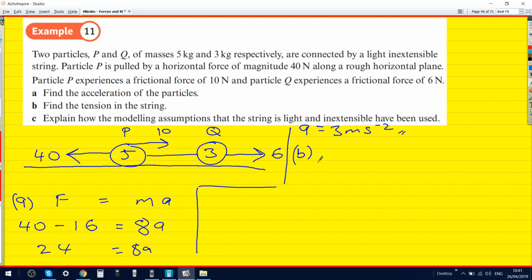I'm not sure how we do that. What if you looked at just the tension in the string? Oh, which tension? The middle string, is it? I think so. What if you looked at P by itself? So a force of 30 newtons.